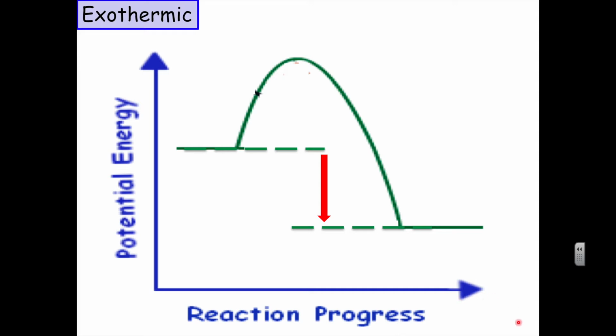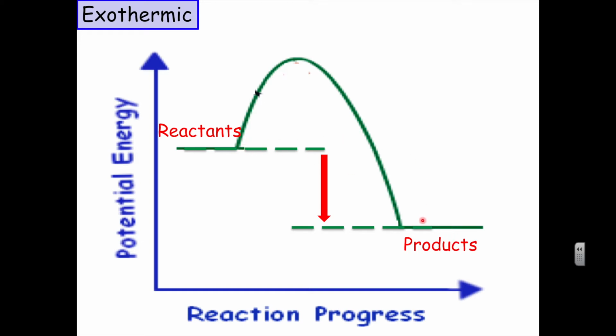So an exothermic reaction can be plotted here where we have the potential energy on the y-axis and reaction progress or time on the x-axis. We'll get into these profiles later, but here we have the reactants and the products. We can see that the products have lower energy than the reactants, right?